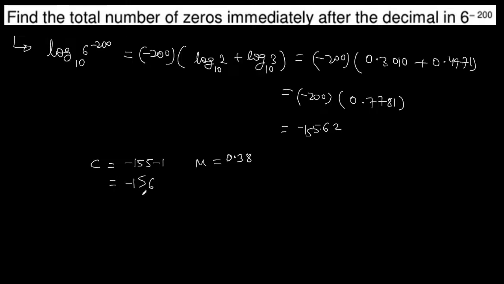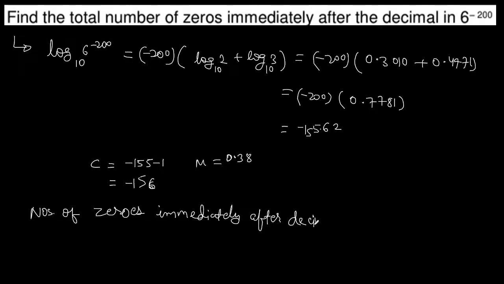Okay, so the number of zeros immediately after the decimal is mod of C minus 1.